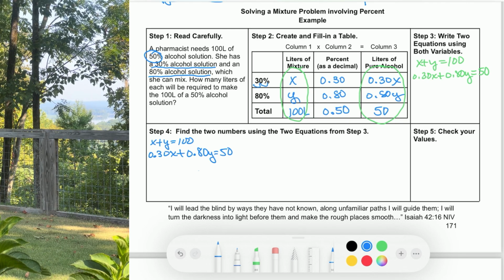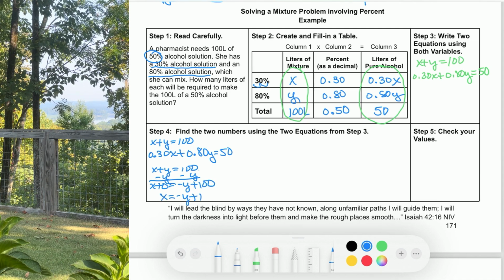It doesn't matter if I isolate the x or the y. I'm just going to choose to isolate the x this time. So x plus y equals 100. Subtract the y. I get x plus 0 equals negative y plus 100. And that gives me x equals negative y plus 100. This is what we will use when we substitute in.